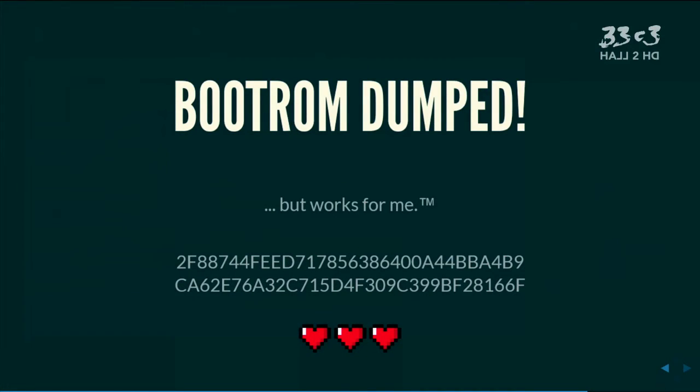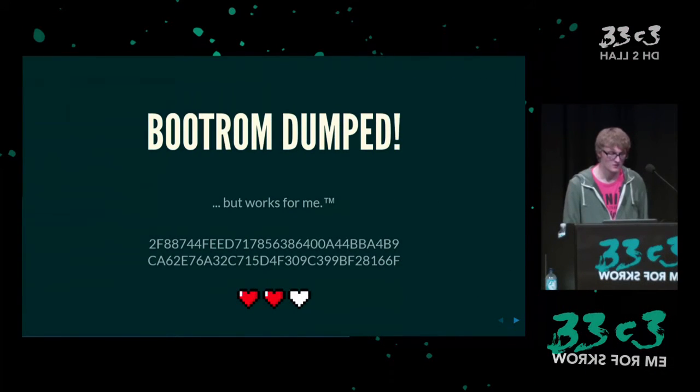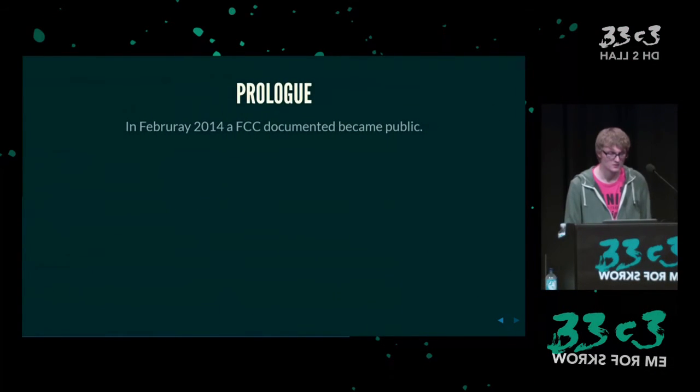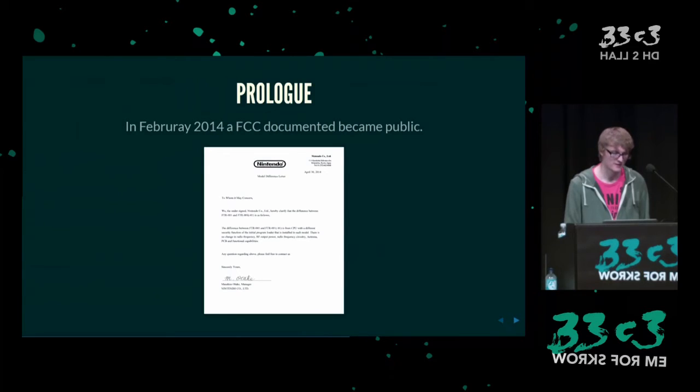So, okay, we got the boot ROM, and Nintendo is losing a life there. Before we look at the boot ROM, I have a little prologue for you. In early 2014, an FCC document became public. There it is.